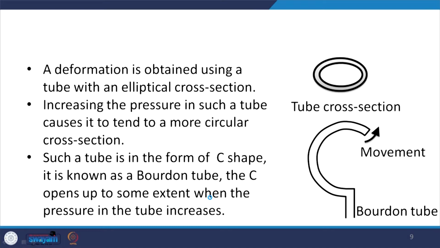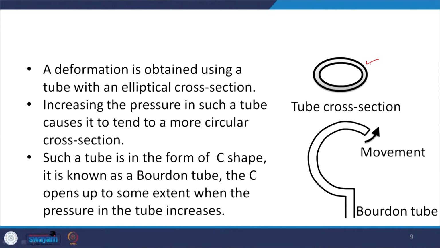Now, a deformation is obtained using a tube with an elliptical cross section. Suppose there is a tube with an elliptical cross section, and you supply pressure. With increase in pressure, it will tend to take the form of a circular cross section.